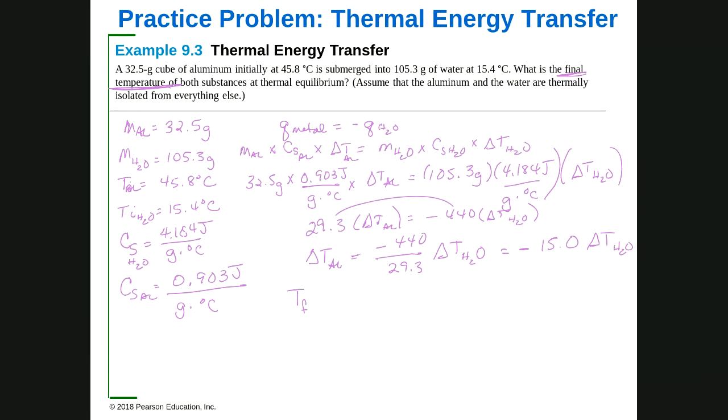The final temperature minus the initial temperature is equal to negative 15 times T sub F minus T sub I of the water.